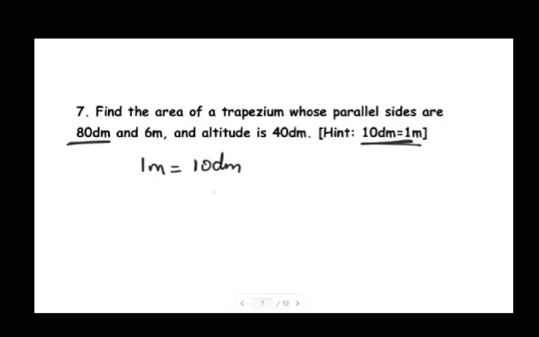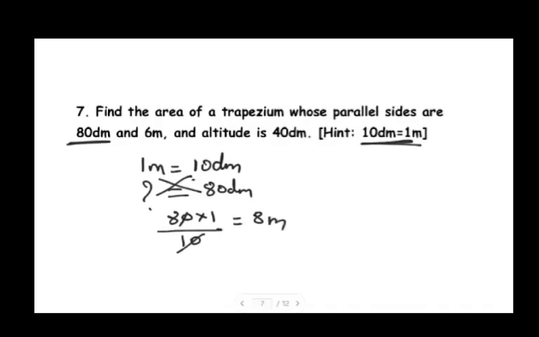So 80 dm is equal to how much? Cross multiply, 80 into 1 upon 10. Cancel, 8 meters. So instead of 80, I'm going to write 8 meters.